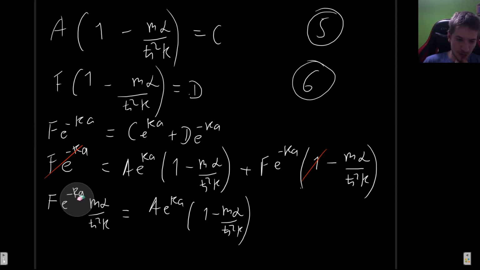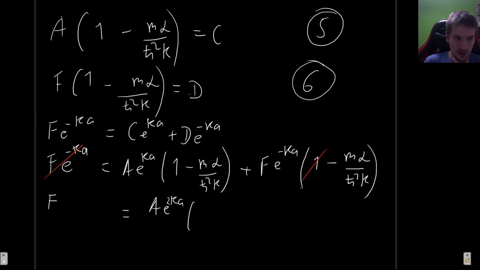So now we can just multiply by e to the ka and multiply by the inverse of this. So that will isolate our f. So now we're going to get in this exponential add 2. And here, instead of 1 minus m alpha divided by h bar squared k, we are going to get h bar squared k divided by m alpha minus 1.